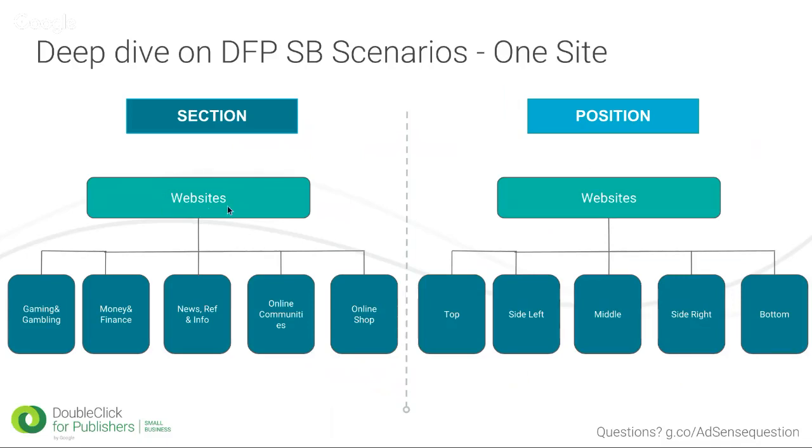On the left, you'll see websites, and then you'll have the 5 categories or subsections beneath it. And then on the right-hand side, you have, again, the same top-level ad unit, which is website, but this time you have it carved up by position. So top, side left, middle, side right, bottom. So again, this is completely determined by your direct sales. And if you do not have direct sales, it's not necessary to go into such depth or complexity in your inventory structure.